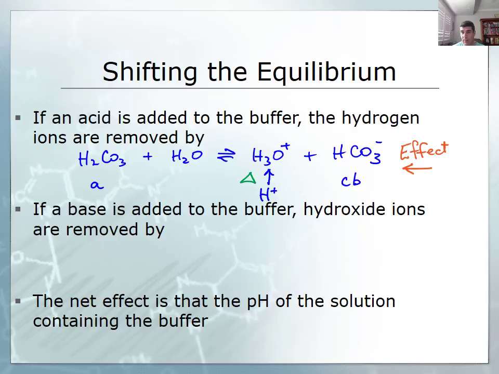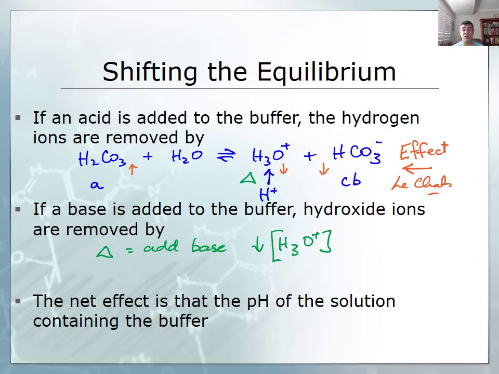So when we shift the equilibrium to the left, the concentration of both of the products will decrease, and the concentration, well, not of water, but certainly of the acid will increase. This is according to Le Chatelier's principle, that when we make a change, the system will shift in order to counter that change. The same is the case if what we change is the addition of a base. What the base will do is reduce the concentration of the H3O+ ion.